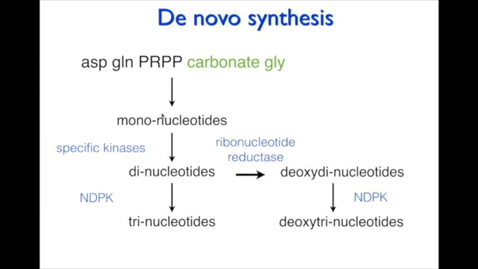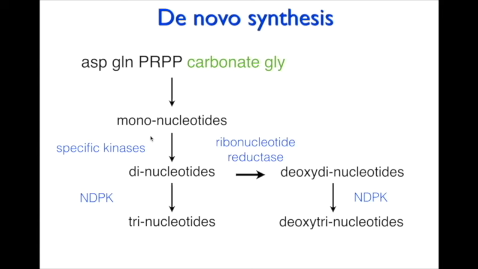But mononucleotides are synthesized first, and the mononucleotides need to be converted to trinucleotides. So there are specific kinases that convert a mononucleotide to a dinucleotide, and there's NDPK, which is a nucleotide diphosphate kinase, that converts the dinucleotide to the trinucleotide.